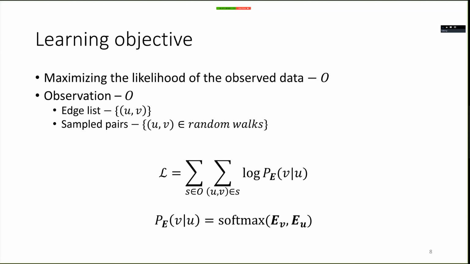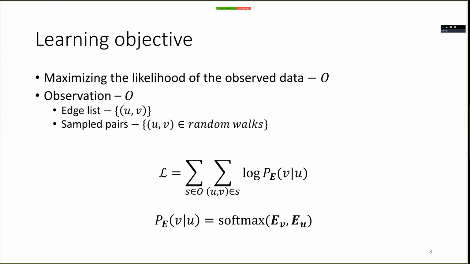You have two summations, one going through O, which is observation, and S is a sample of random walks. So you generate many random walks in your graph, and each random walk consists of a set of edges, so you have edge lists. For each edge list, you try to minimize the distance between U and V, the surrounding nodes of that edge.